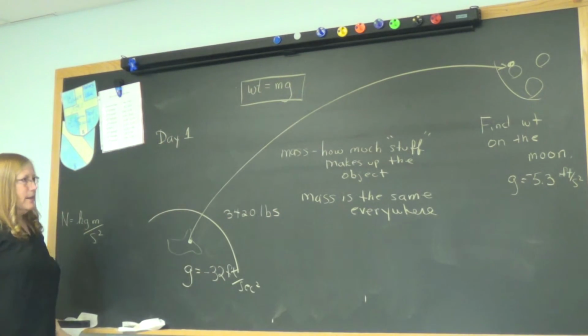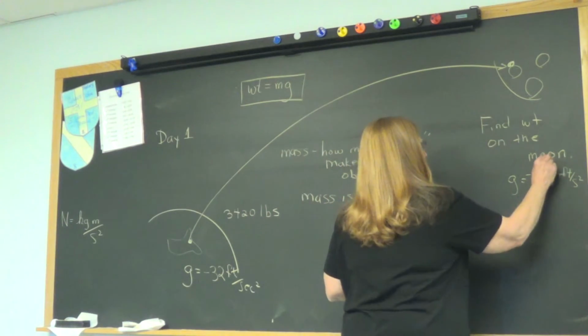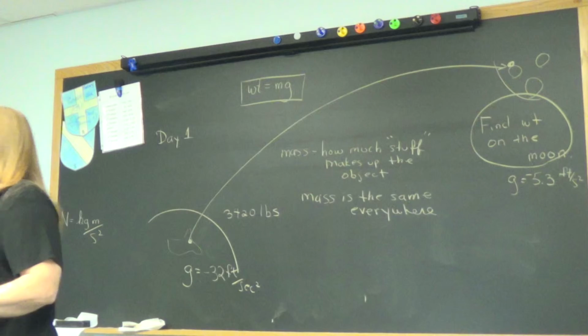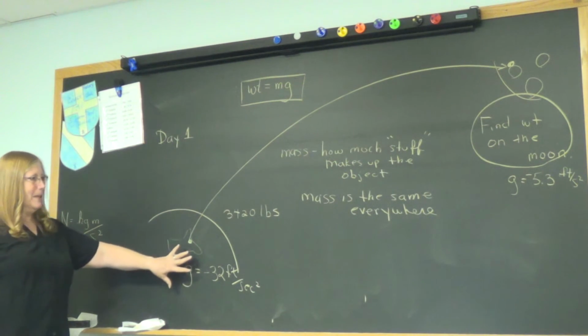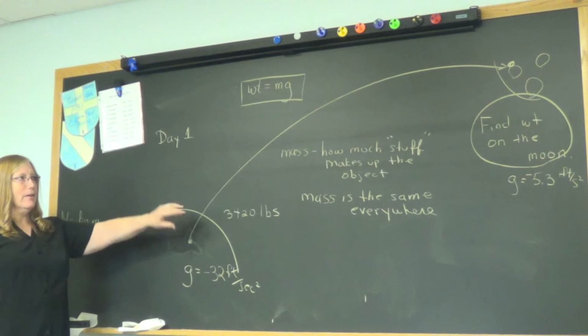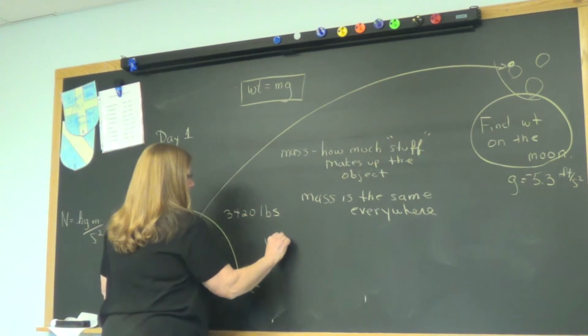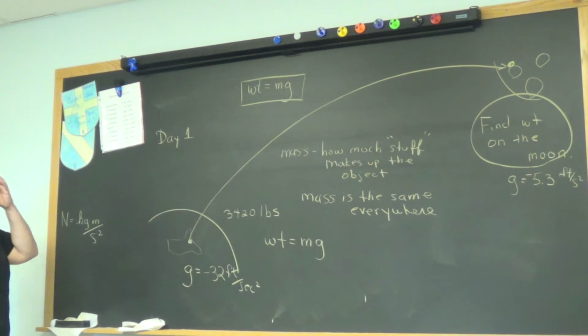So this object on the moon has the same mass as it does on the Earth. Let's go back to our question. Find the weight on the moon. In order to do that, we're going to go from the weight on the Earth to the mass, because the mass is the same here as on the moon. So let's grab our weight equation. Weight equals mass times g, and plug in the values.